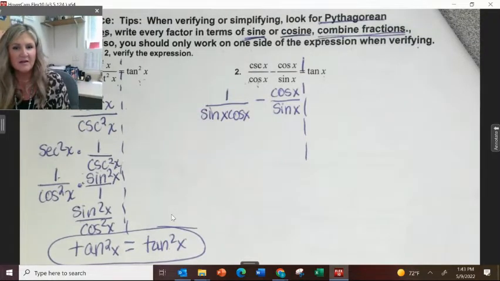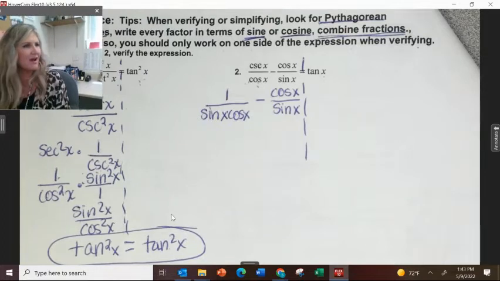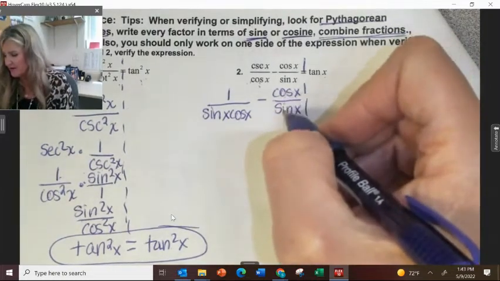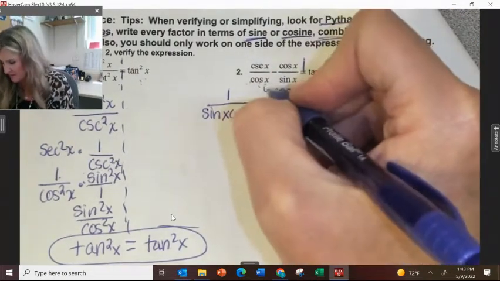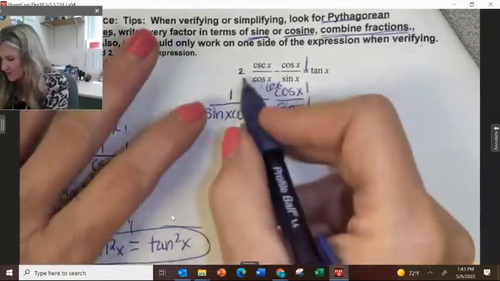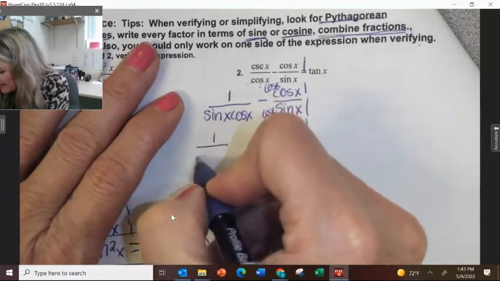All right. So what might be a good thing to do now? Get a common denominator. So what would I multiply this by? Yep, cosine x over cosine x. So the first one's going to just stay the same.